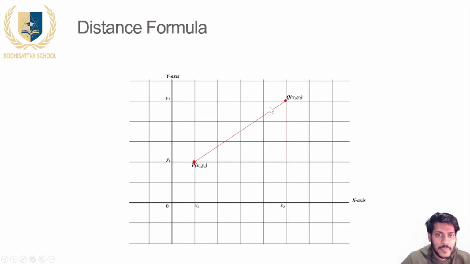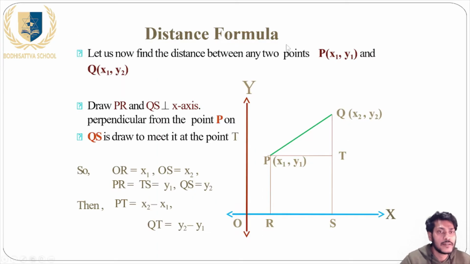Here we can see there are 2 points, P, which has coordinates x1 y1, and the other one is Q, which has coordinates x2 y2, and I have to find the distance between P and Q. We can see this is a coordinate plane where two points have been shown.